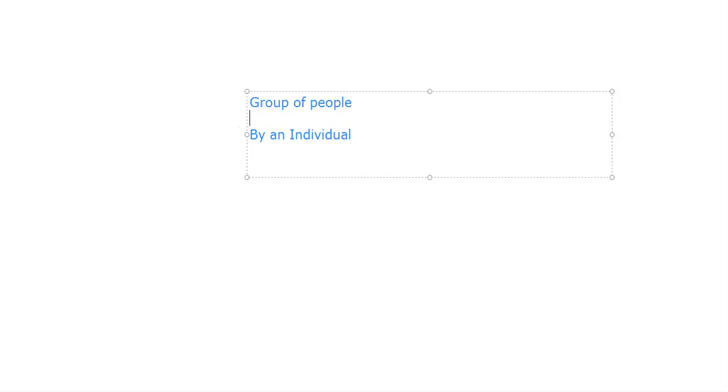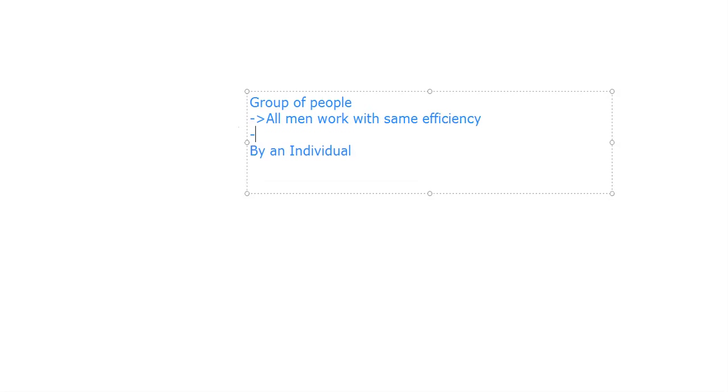Okay. Now, what are the assumptions you have to make while solving questions of the type where the work is accomplished by a group of people? The first assumption is that all men work with same efficiency.